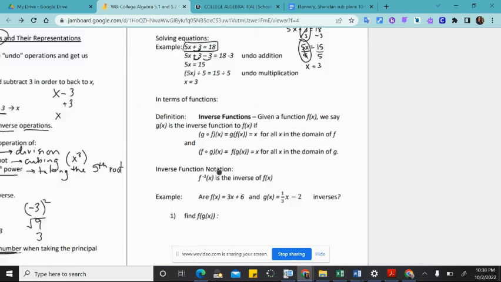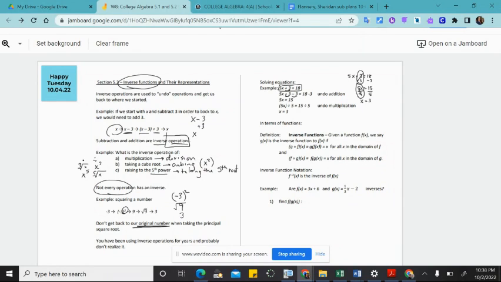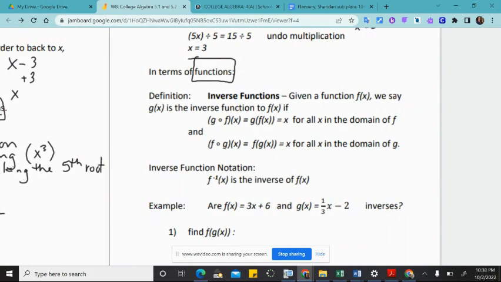Now, when it comes to inverse functions, I want you to notice inverse operations versus inverse functions, okay? So a function has an inverse if, for all x in the domain of f and for all x in the domain of g, when we stick f into g, and we do the opposite order, we stick g into f, we get exactly x.